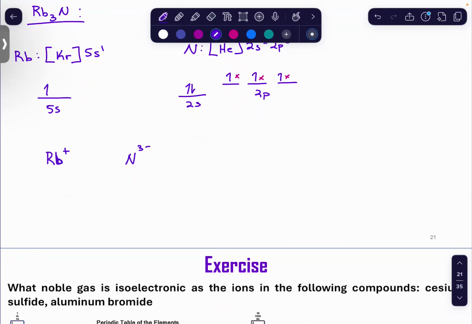If I think of it this way, I need all 3 of these rubidiums, each giving 1 electron, so that I can get a neutral molecule. Rubidium is +1, +1, +1, and nitrogen is a -3, so we do end up with a neutral molecule. This is the way you can think of ionic compounds and what's going on inside of them, where electrons are coming from and where they're going to.